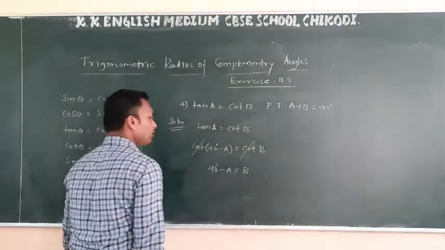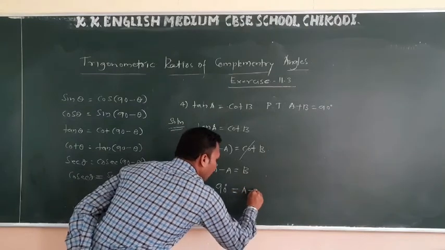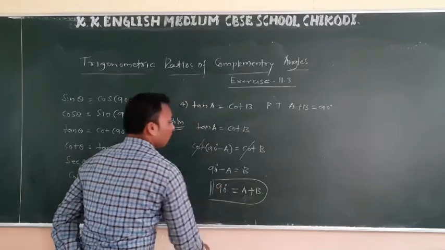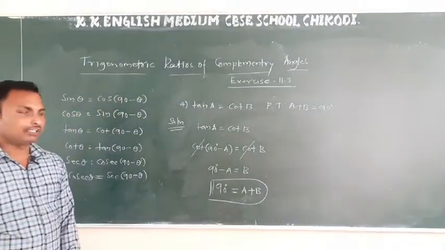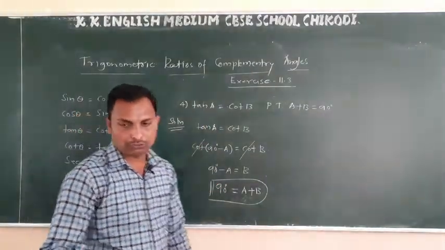Now a can go to that side, so 90 is equal to a plus b. So this is what we needed to prove, a plus b is equal to 90 degree. This is the answer to the fourth question. I hope you understood.